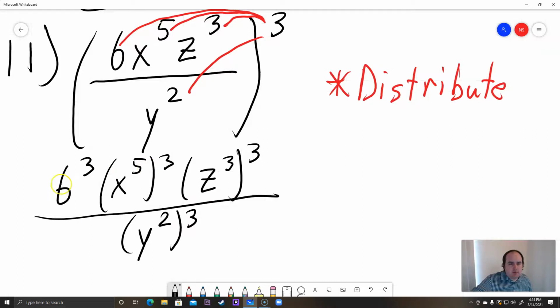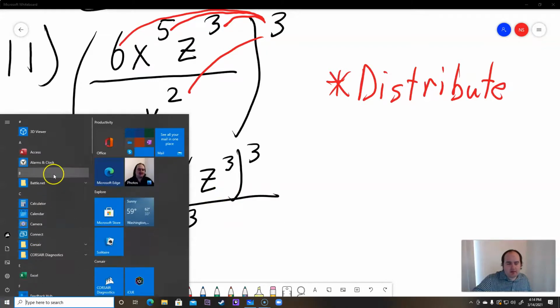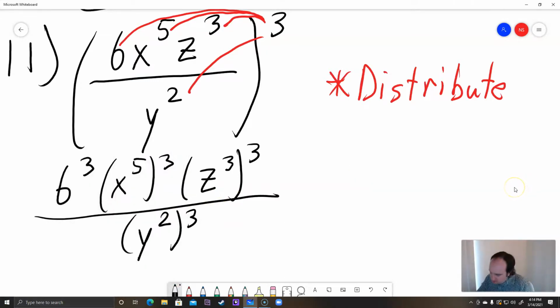And then for 6 cubed, if you can't do that in your head, you can use a calculator, but it's not too bad. 6 times 6 is 36, and so then you're doing 6 times 36. So I believe that's 216, but sure, you can use a calculator or write it out vertically. Probably faster to just write it out vertically, so 6 times 6 is 36, and then to get 6 cubed, we have to multiply by 6 one more time.